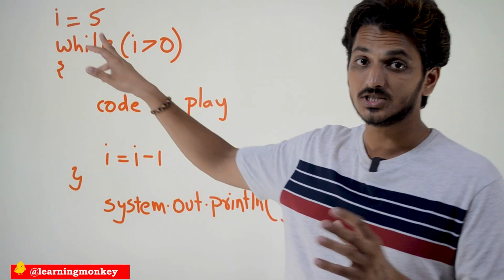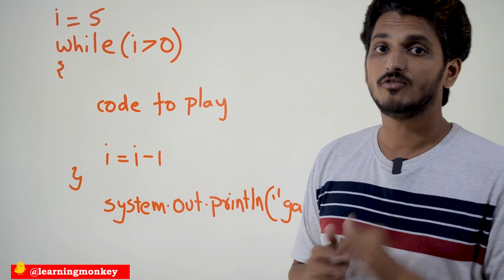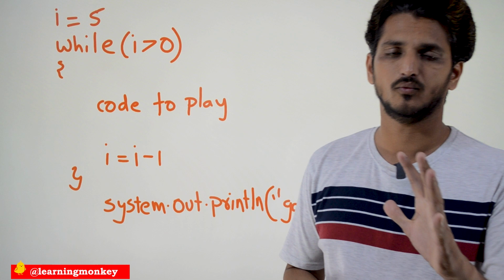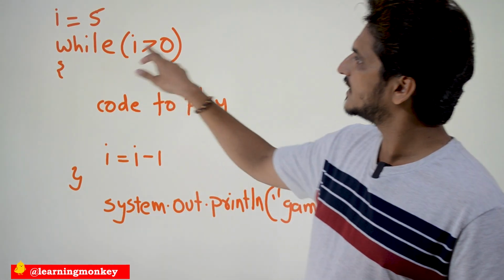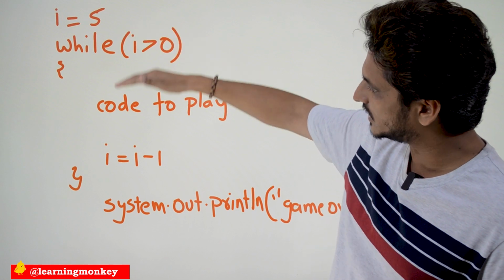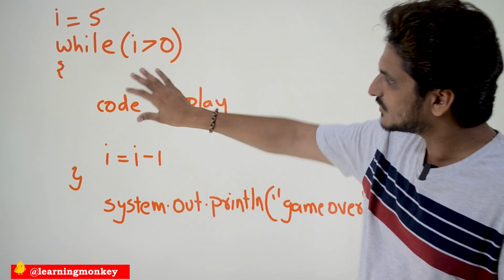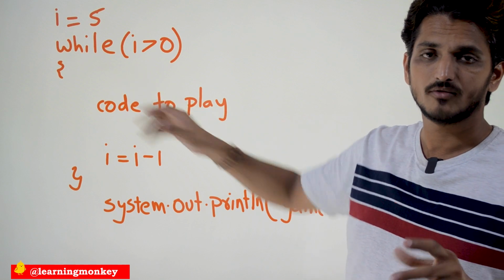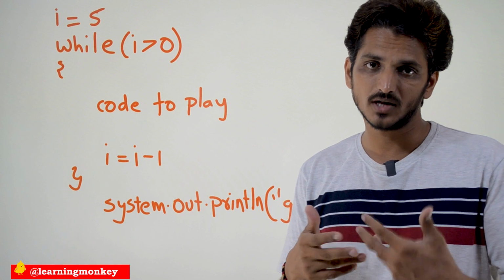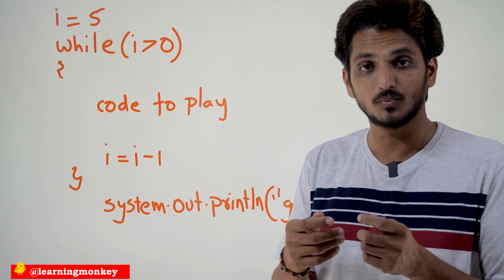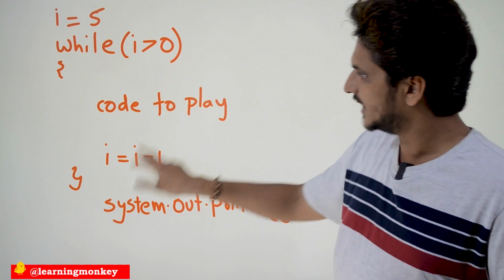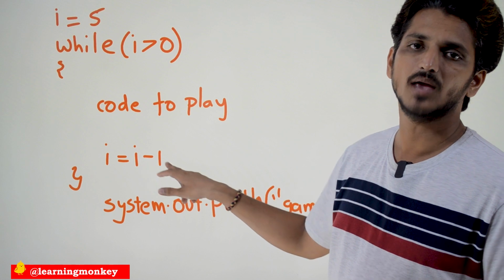Initially, how many chances are given? 5 chances. That's why initialization: i is equal to 5. While i greater than 0, this is the condition. Whenever 5 greater than 0, yes, it goes into the loop. Here we write the code for playing the game. Once you lose a chance, decrement i is equal to i minus 1.